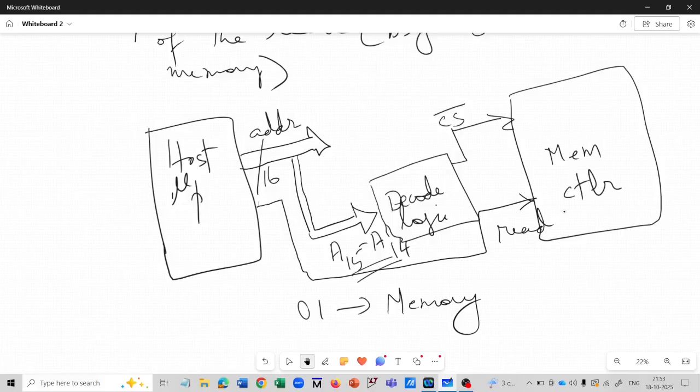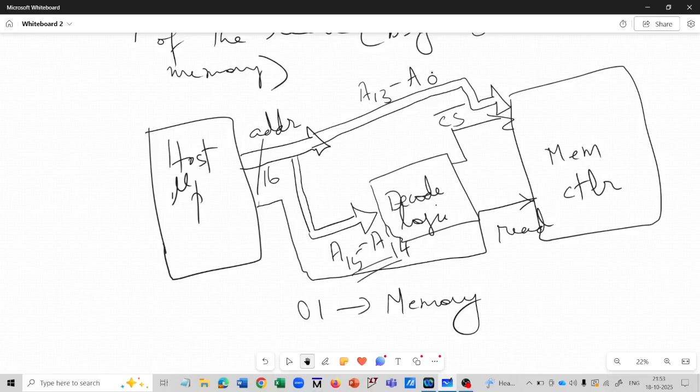And when the chip select is combined with the read, the lower order address bits will indicate the address that the processor wants to read. That means in this case, in our example, it refers to a 14-bit address from A13 to A0. So I hope you get the picture.